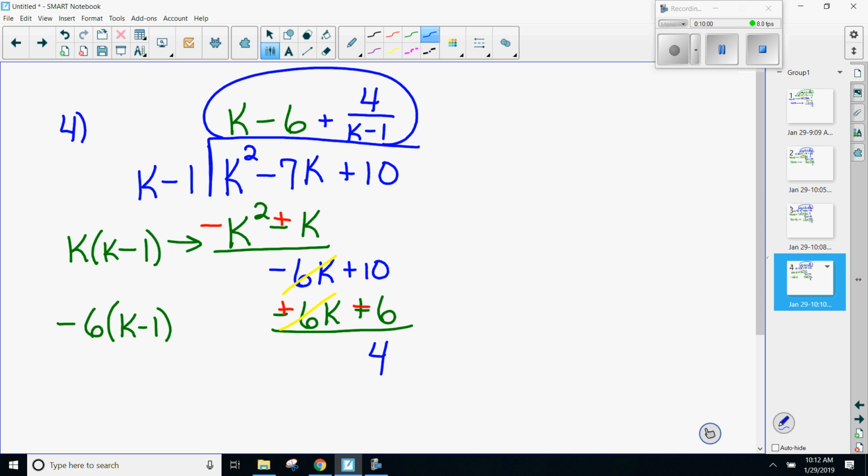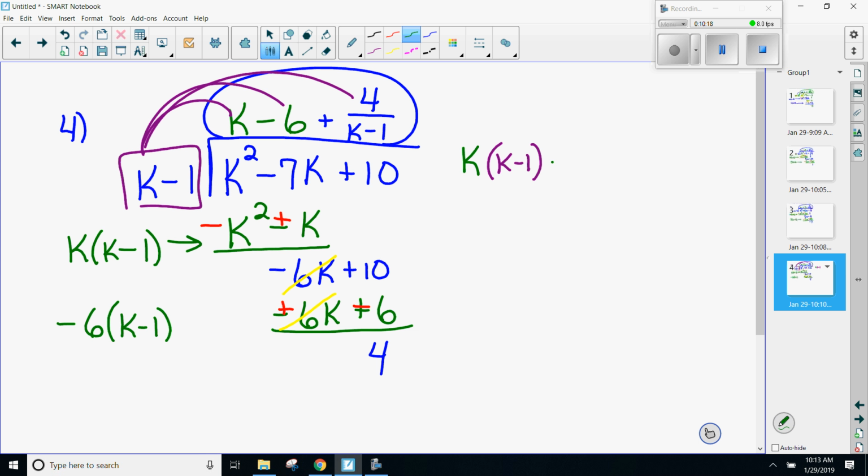You would check that, which you don't, I'm not requiring that here, but what you would do is you would take k minus 1 times each one of those. So you would take k times k minus 1. You would take minus 6 times the k minus 1. And you would take your positive 4 over k minus 1 times k minus 1.